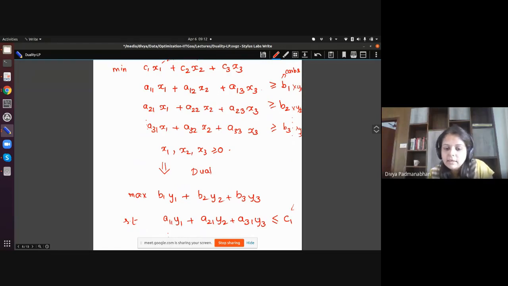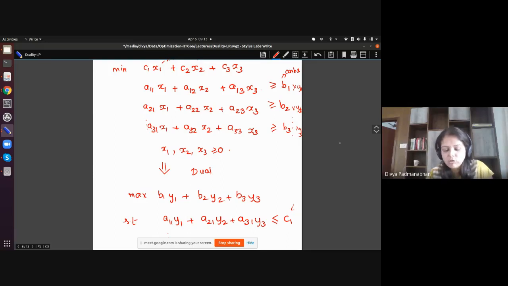And the price that you spend instead, for all the nutrients that you would have got from this food product one, is A11Y1 plus A21Y2 plus A31Y3. That is the cost that you're spending effectively.